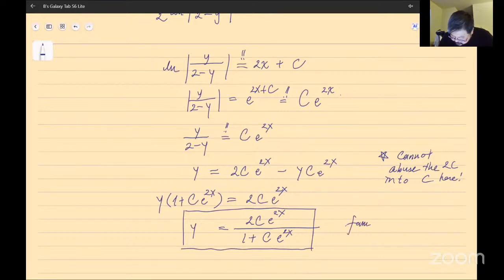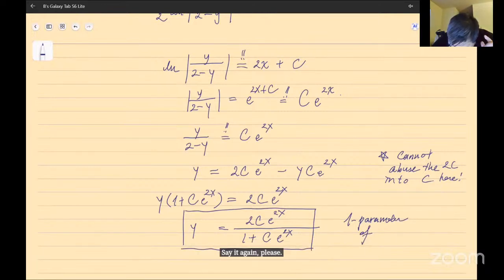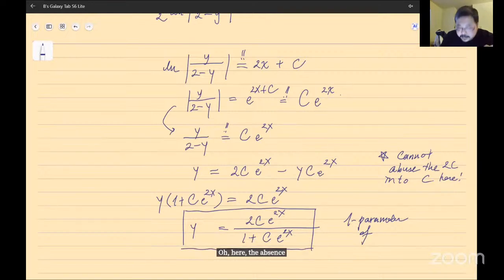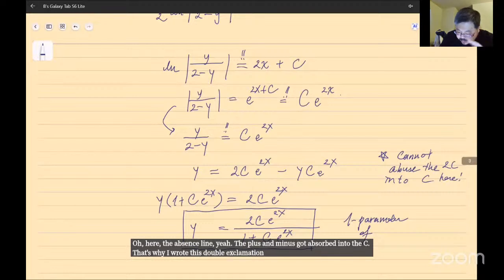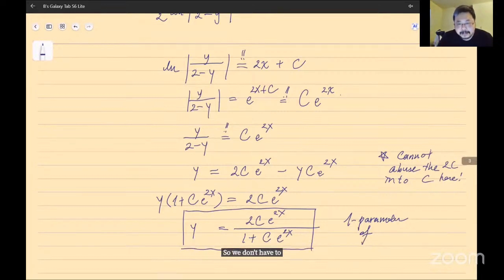Professor, even though we got rid of the absolute value, isn't it plus or minus c times e to the 2x? Since we got rid of the absolute value sign, the plus and minus got absorbed into the c. That's why I wrote this double exclamation mark, to mean I have abused the constant. Plus and minus is already merged together with this c right here, so we don't have to worry about it, because the c accounts for it.